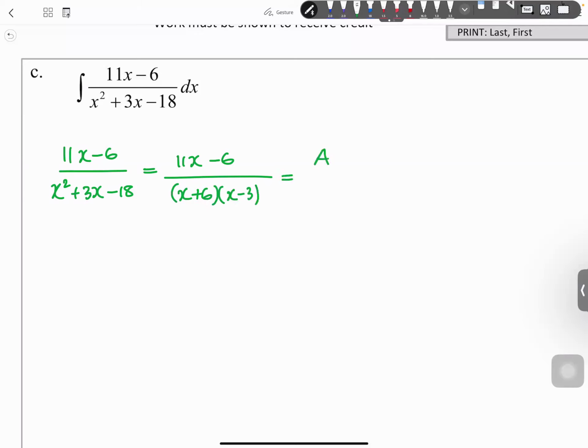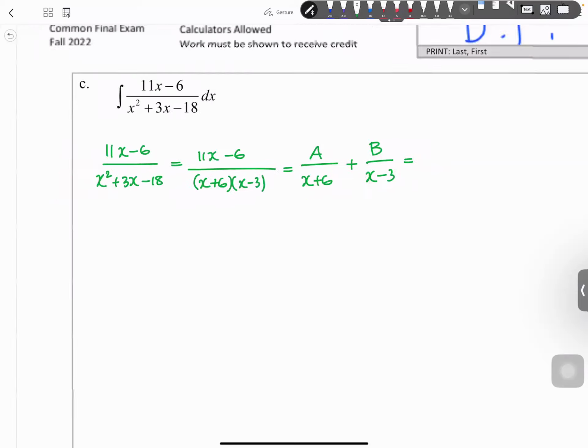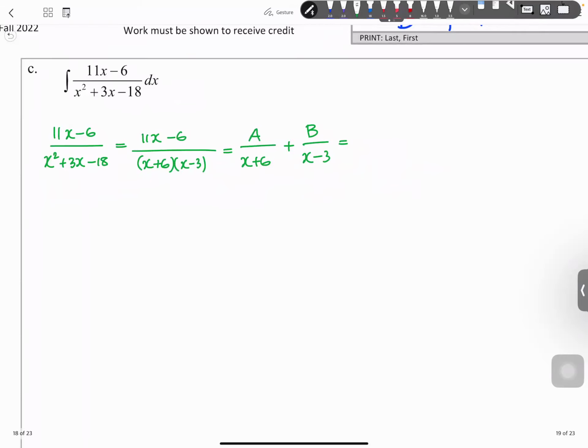So I want to write this as A over x plus 6 plus B over x minus 3. Now, if I cross multiply, I'm going to get A times x minus 3 plus B times x plus 6, over x plus 6 times x minus 3.